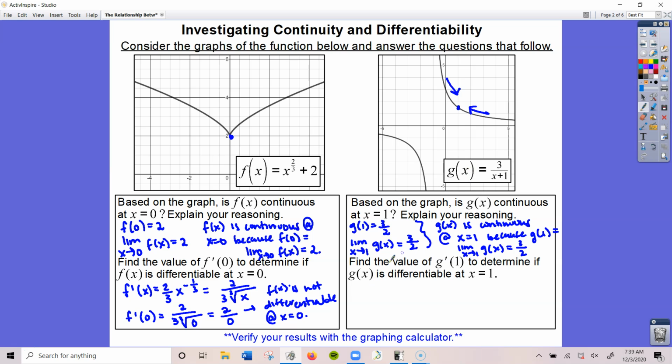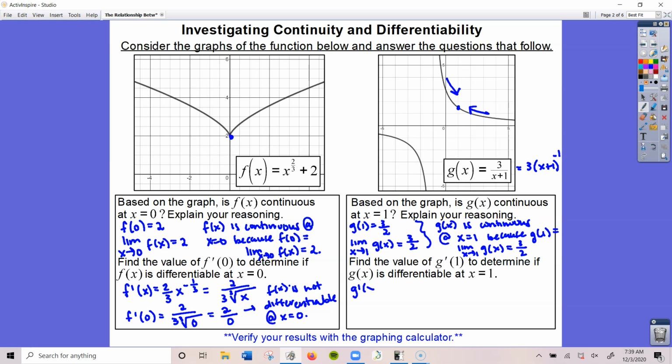So instead what I can do is rewrite this function as 3 times x plus 1 raised to the negative 1. So what I did was I moved the denominator up and made it into a factor, and I changed the exponent to a negative exponent since it was in the denominator. Now here the 3 is just a constant, or a coefficient rather, so I would just apply the chain rule to this function.